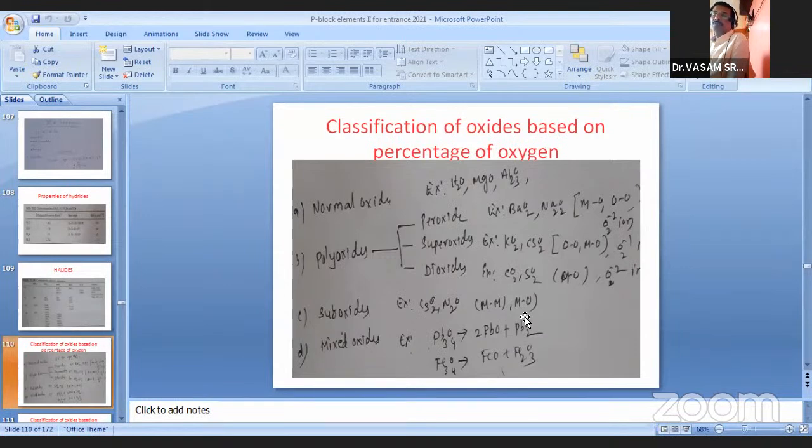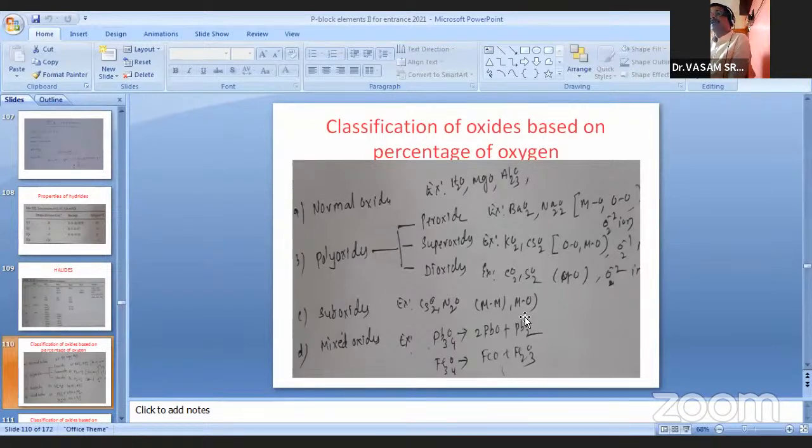Now come to the third one, suboxide. Sub means less oxygen is available. C3O2 is the best example, and N2O. C3O2 is called carbon suboxide and N2O is nitrous oxide, generally called laughing gas.